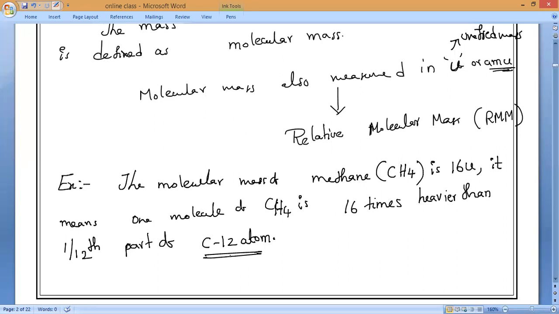It is 16 times heavier than 1/12 part of the carbon-12 atom. That is why its molecular mass is 16 units.